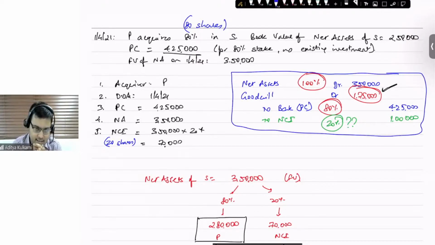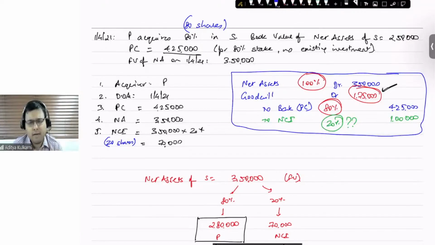And since they are holding equity, I am under no contractual obligation to deliver cash, and therefore I will have to show it under equity.